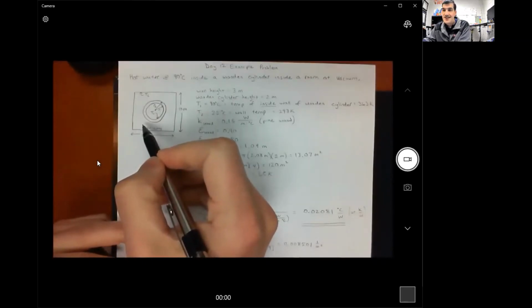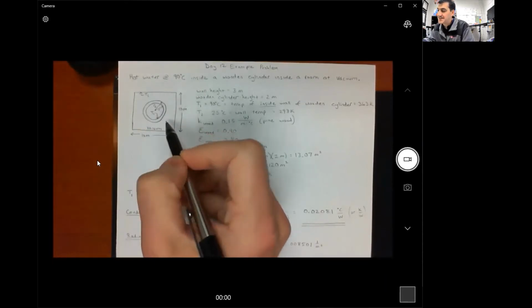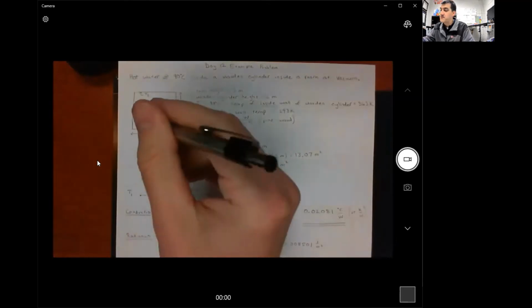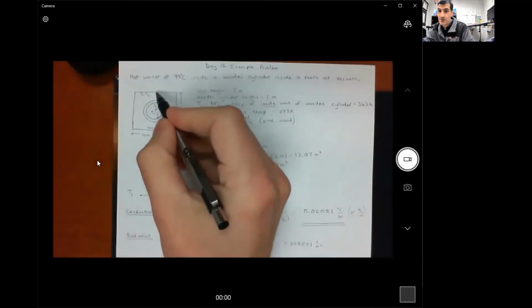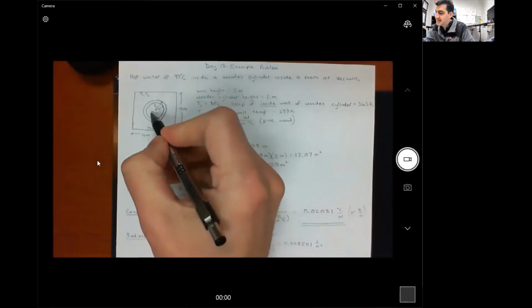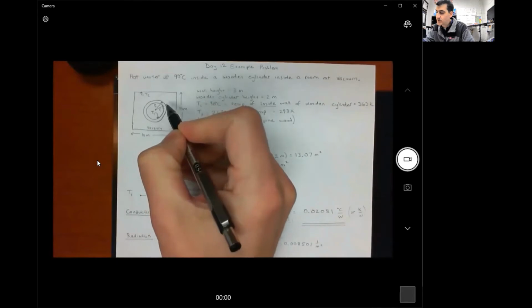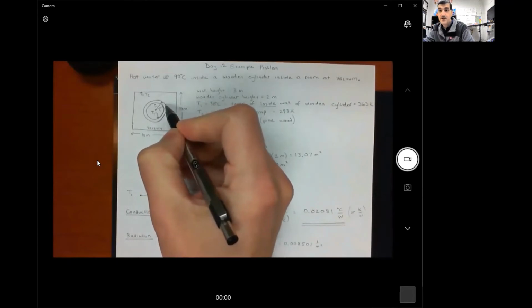That way we don't have to deal with any ventilation, either natural convection or forced convection that might happen inside that room. So if it's a vacuum in here, then we know there's only one type of heat transfer that can happen between the walls of that barrel and the walls of the room, right? Okay, so we've got hot liquid inside this barrel, and the heat is going to transfer through the walls of the barrel, right?